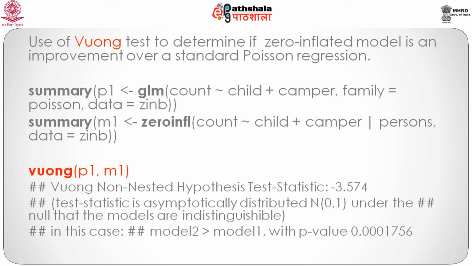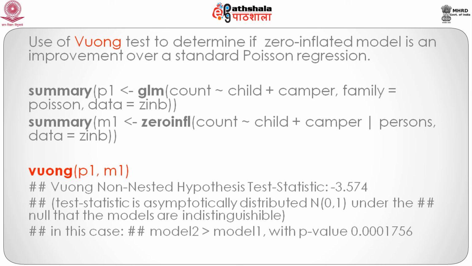P1 is the object which fits a GLM, the standard GLM with the log linear model to the data. M1 is the object which fits a zeroinfl model to the data, that is the ZIP regression. Having fitted these two models, we can type vuong(p1, m1), and this will perform a test of the non-nested hypothesis comparing these two models.